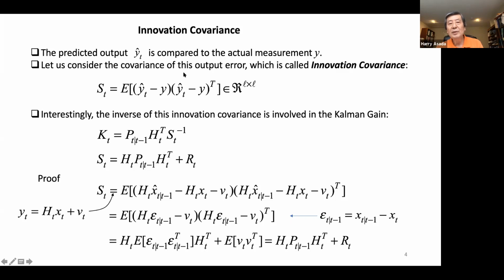So it may be useful to consider the covariance of this output error, which is called the innovation covariance. The definition is y hat t minus yt, that is the output error, and we place these back to back to create the covariance matrix. Interestingly, this is involved in the Kalman gain.